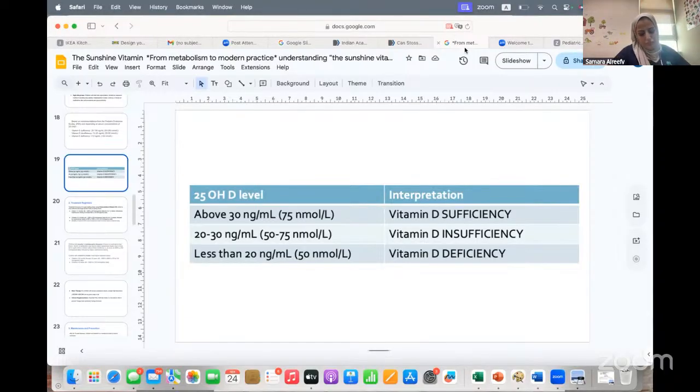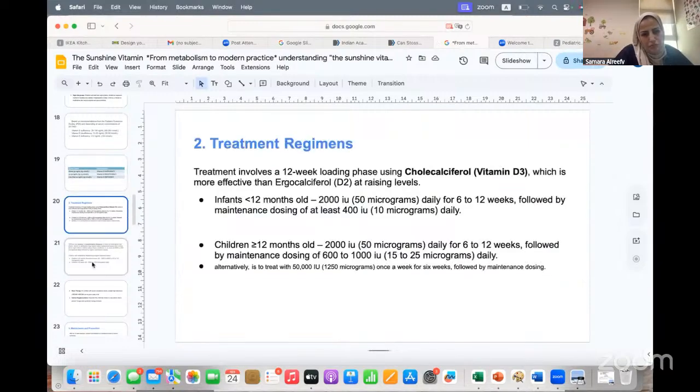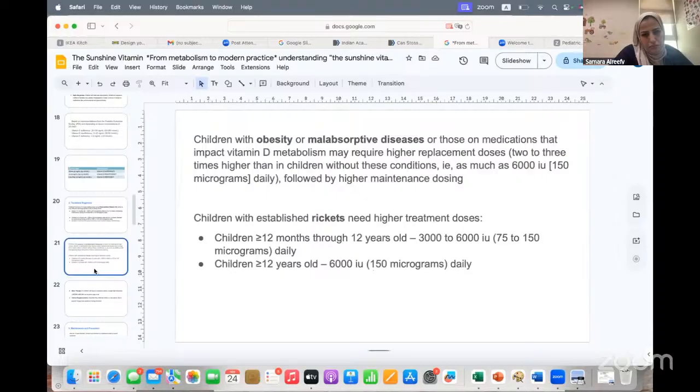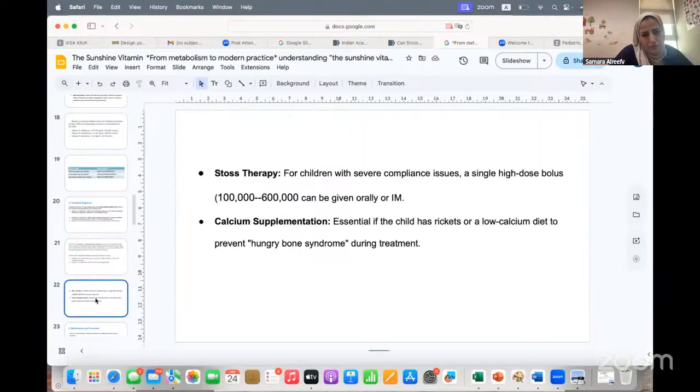And what's the rationale of repeating? When do you recommend, after correction, repeating the levels? And what's the dosing of calcium? We didn't talk about the calcium at all. So calcium correction, and do you repeat after supplementation? What's the recommendation there?